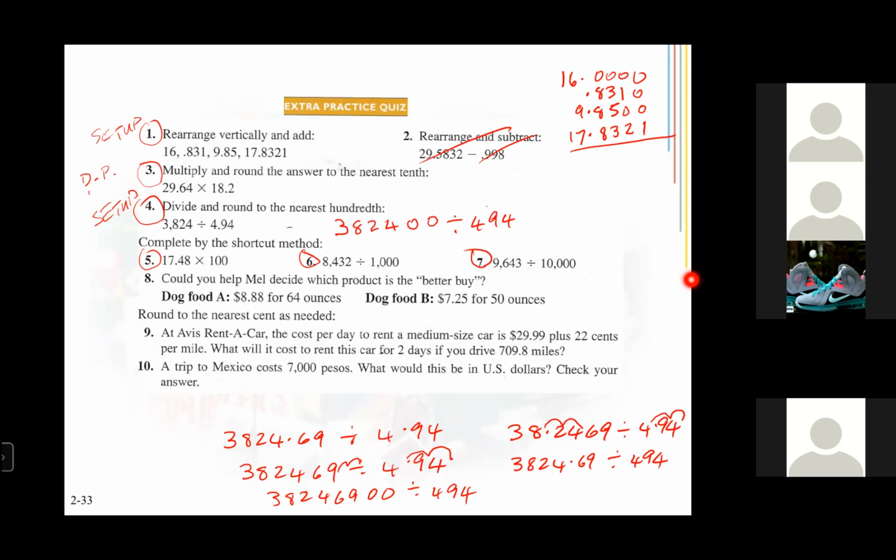The point is after the 2. So it'd be 8.432. Yes, 8.432. Yeah. So the point is after the 2. So if you're going to move it 3 places to the left, then you're going to go from the 2, 1, 2, 3. So it becomes 8.432.